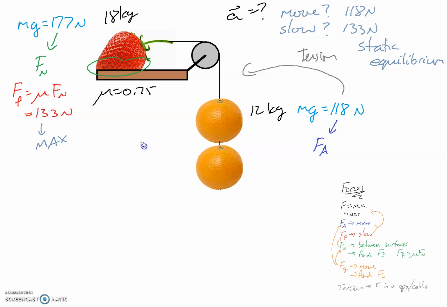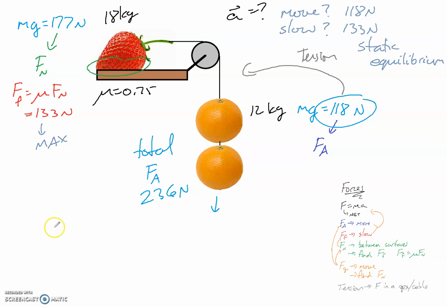So my new total applied force is going to be twice this. That is going to be 236 newtons trying to pull this thing down. Well, 236 is definitely more than 133, so this thing is definitely going to move, which means I can find my net force.